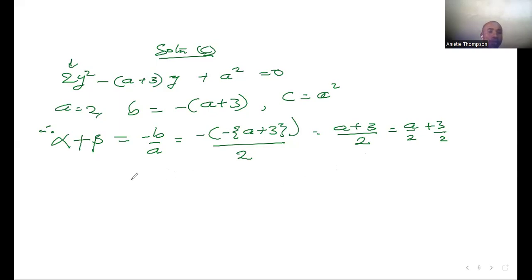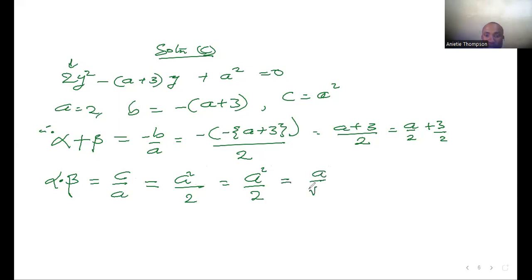Still correct. All right, product of roots, alpha dot beta, equals C all over A. So this will be equal to a squared all over 2, since C is a squared and A is 2. Another way that you can write this is also a over square root of 2, all squared, but that does not really matter.